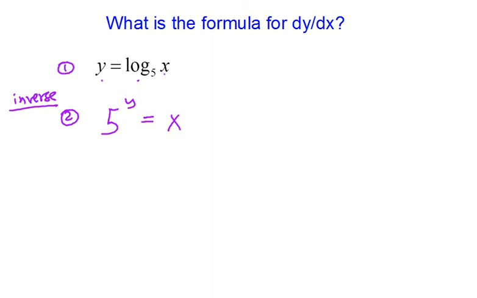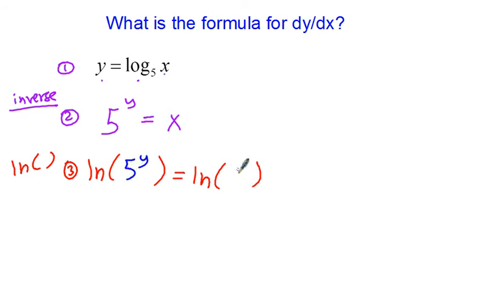Now let's use the law of logarithms. Or no, let's just take a log first, to make it clear what's going to happen, not do two things at once. Let's just take the log of the left side and the log of the right side, and we get the following. Log 5 to the y equals log x.